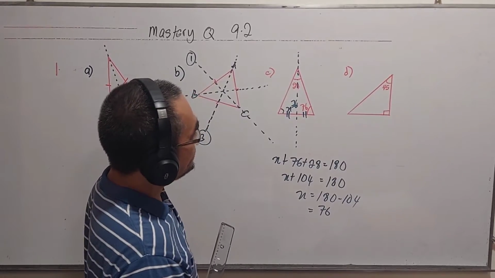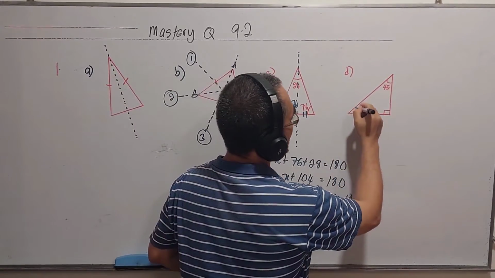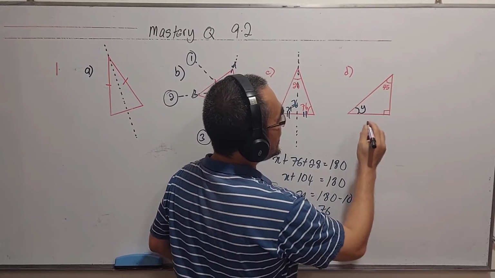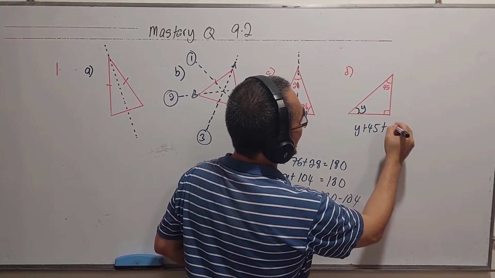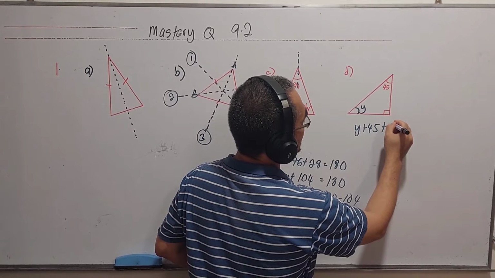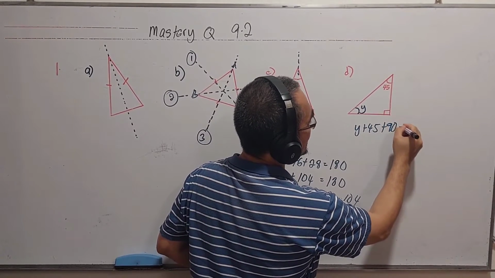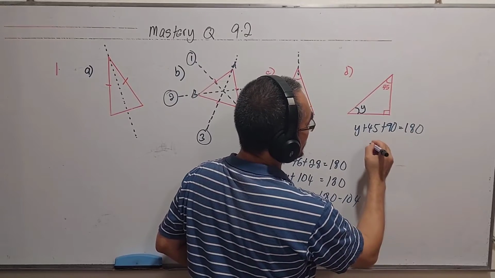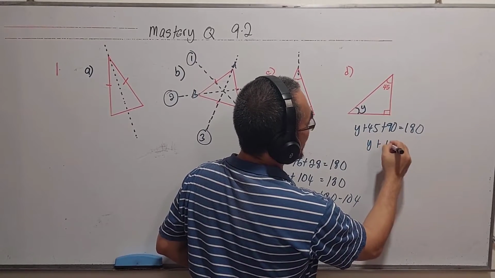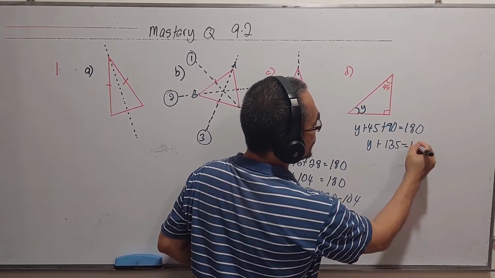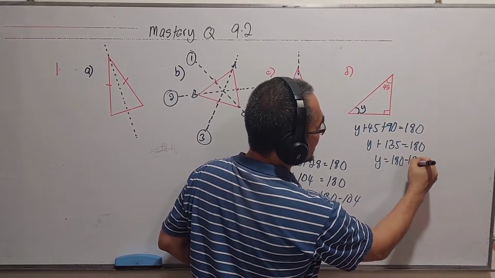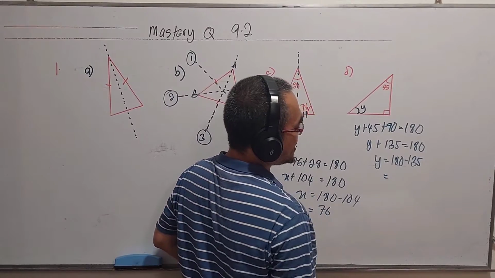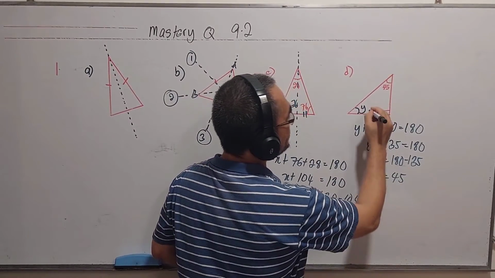And then for this one, I label this as y. So y plus 45 plus 90 is equal to 180. So y plus 135 equals 180. So y is 180 minus 135, which is 45 degrees.